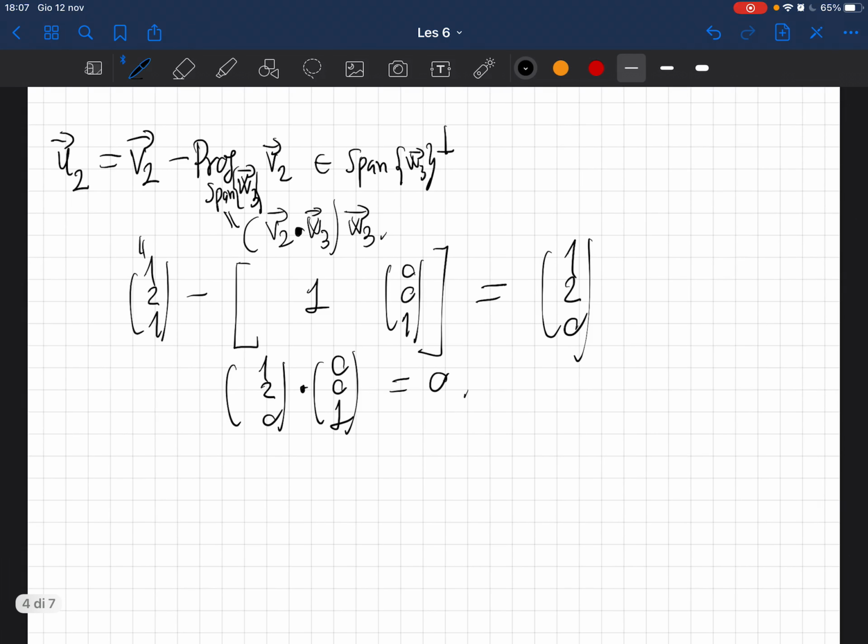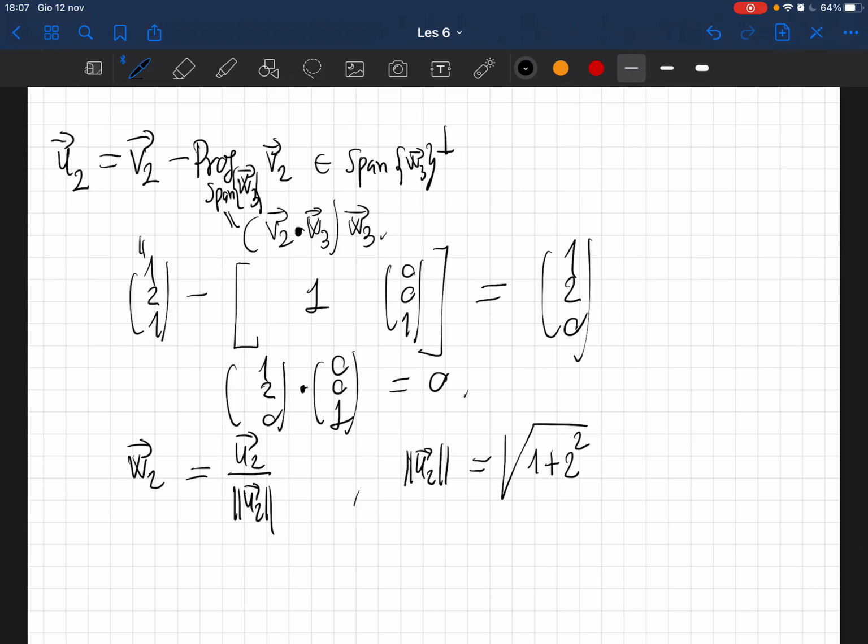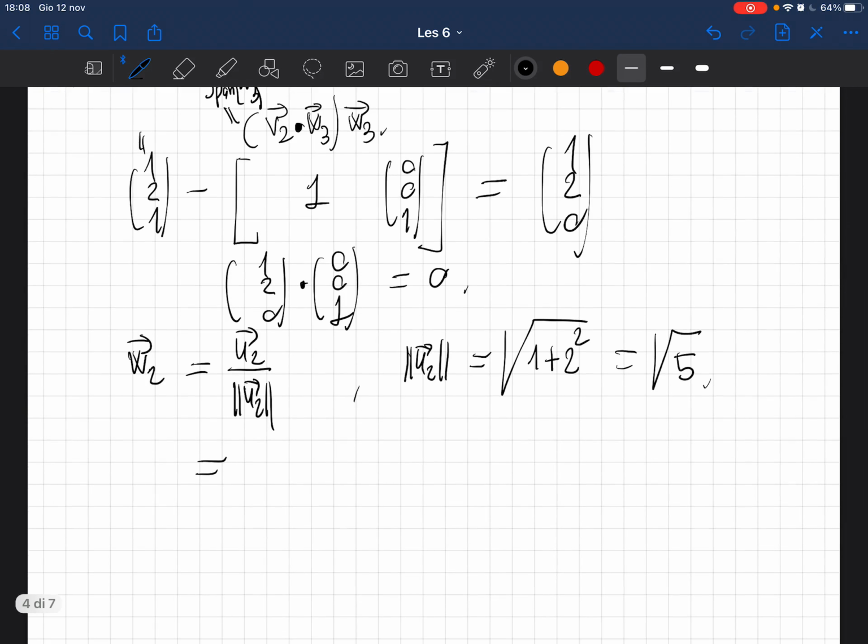And then we are almost done, because you can take W2 to be this one divided by its norm. Its norm now is the square root of 1 plus 2 squared, which is square root of 5. So this is actually 1 over the square root of 5 times 1, 2, 0.